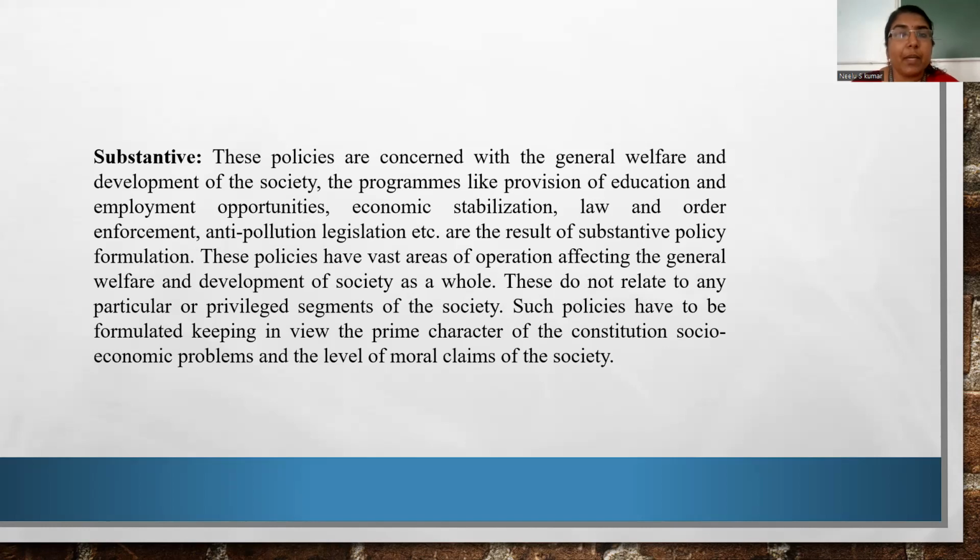These substantive public policies are formulated basically for the general welfare. They have a vast area of operation, affecting the general welfare and development of the society as a whole. These do not relate to any particular or privileged segments of the society. Such policies have to be formulated keeping in view the prime character of the constitution, socio-economic problems, and the level of moral claims of the society.